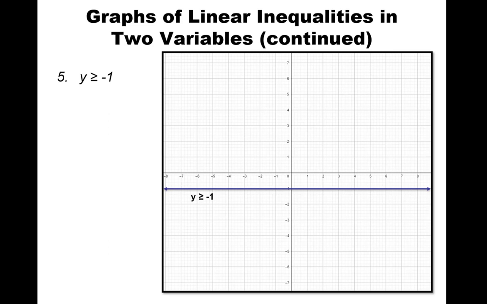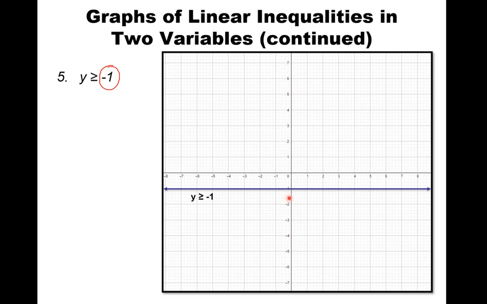And dahil ang ating symbol for inequality right here is greater than or equal to, so ibig sabihin, hanapin lang natin yung values na mas mataas or equal kay negative 1. Ano ba yung values or alin ba rito sa side na to yung may values na mas mataas sa negative 1? Ito ba or ito?